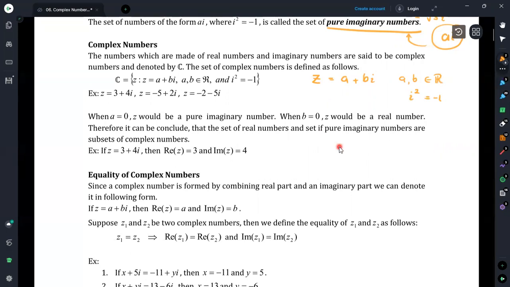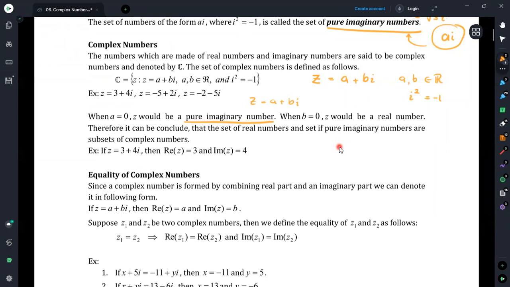Suppose you have a complex number in the form Z equals A plus B times I. If we get A equals 0, then the real part becomes 0, and the only remaining part would be a pure imaginary number.